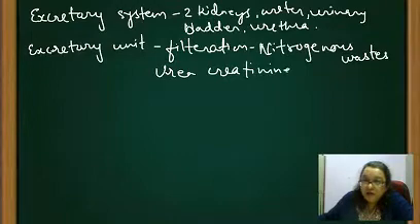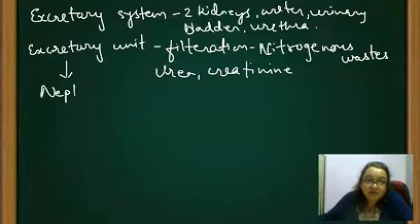This urea and creatinine are harmful to the body and therefore have to be removed out. So these nitrogenous waste are filtered out by the excretory unit known as nephron. Whenever the excretory unit is asked, we are supposed to write nephron.